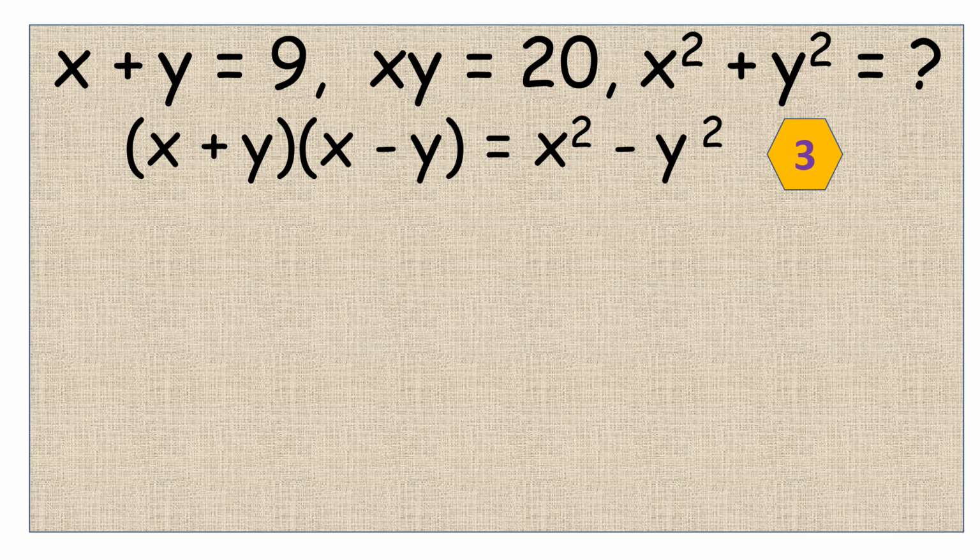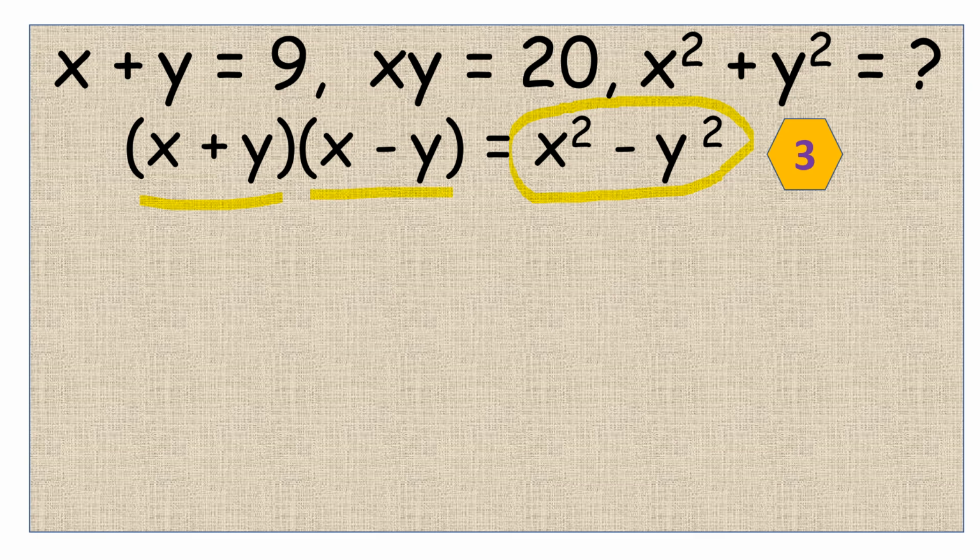Now, if you look at the right-hand side, you see your x squared minus y squared. This is what they call the difference of squares. And that gives your x plus y into your bracket x minus y.